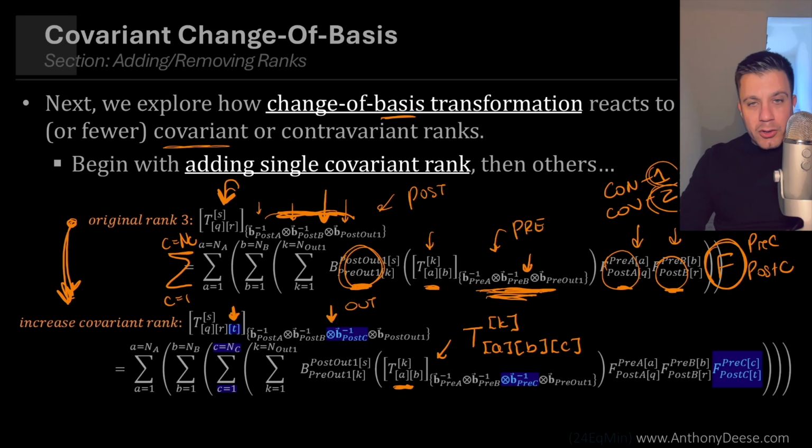We add our new basis set associated with, well, it's inverted, but the basis set associated with the new input. New summation. We have to add that additional index. New basis set, and one more transform matrix. So again, the number of transform matrices corresponds to the ranks. We have contravariant rank 1. We have covariant rank 3.